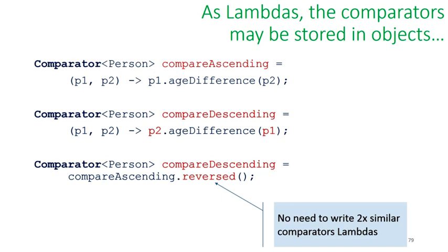If I was writing this by hand, I could have put into compare descending on the last line a new lambda. This lambda is calling p1.age difference, which is compare ascending, and then I'm simply putting a minus in front of that expression. So I inverted the sign, I inverted the sorting order. It's just a convenience method.